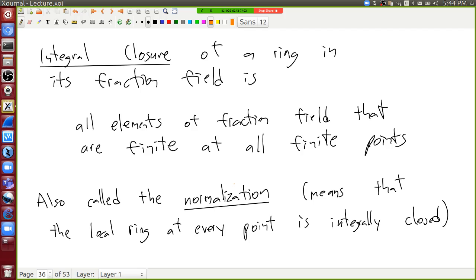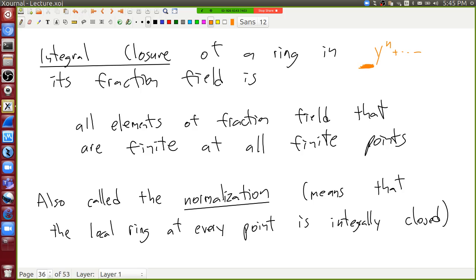Let's assume that our defining polynomial is monic. We don't have any worry about y to the n being multiplied by something like x; it just simplifies the presentation.